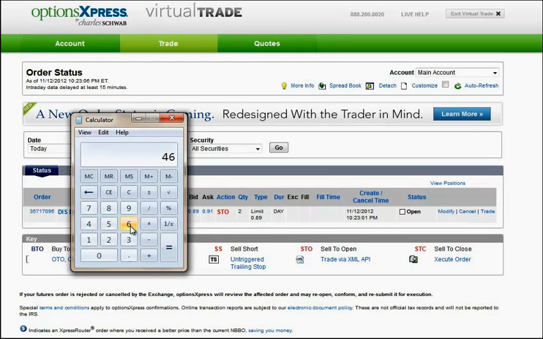Going back to the calculator, I'm putting up potentially 46 times 200 shares. That's 9,200. Just remember that. And I'm receiving $163 divided by 9,200 times 100.